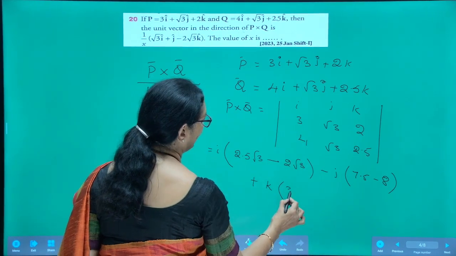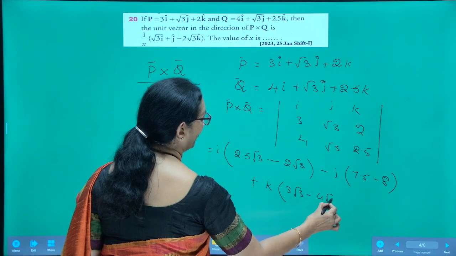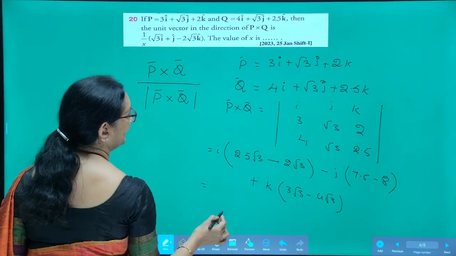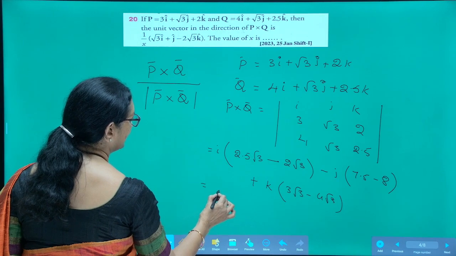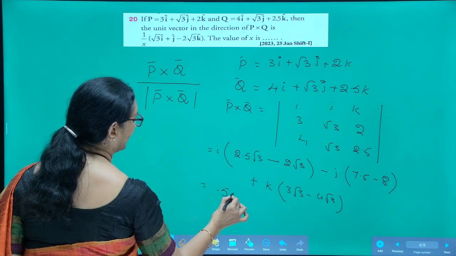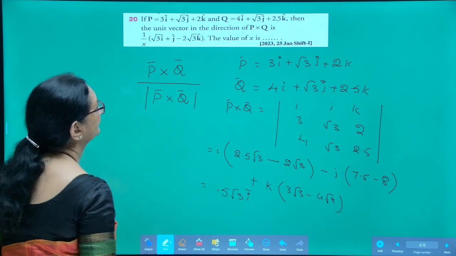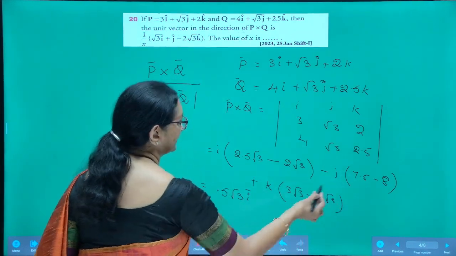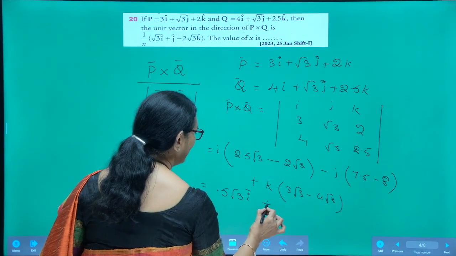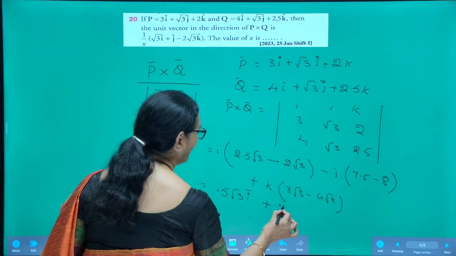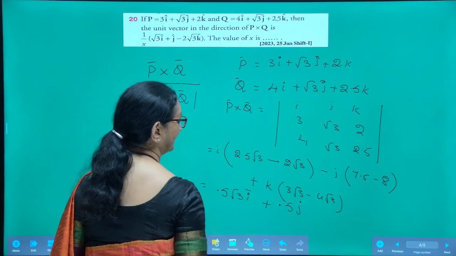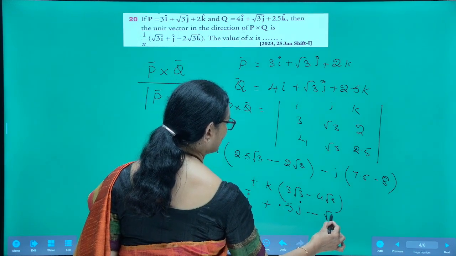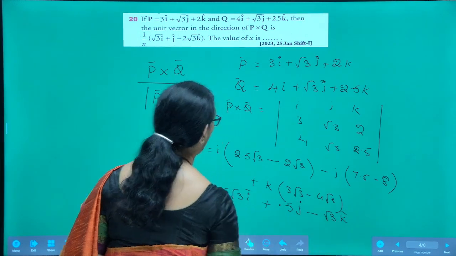3 root 3 minus 4 root 3. So the cross product is 2.5 minus 2, 0.5, so 0.5 root 3 i bar, right? 7.5 minus 8 is minus 0.5, minus of minus becomes plus 0.5 j bar. 3 root 3 minus 4 root 3 is minus root 3 k bar.